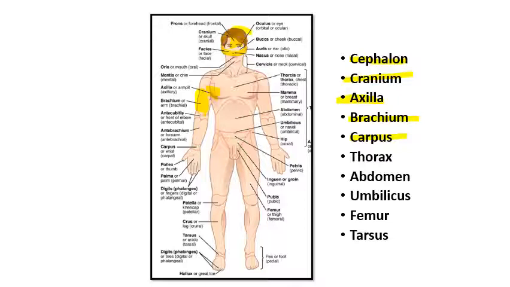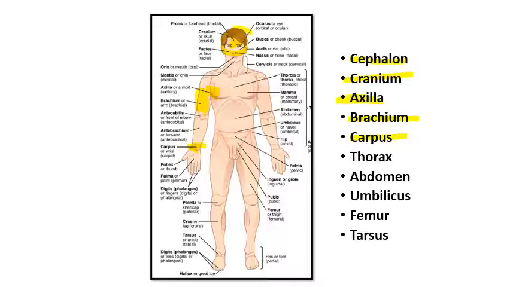And so the term carpus refers to the wrist. You've probably also heard the term carpal tunnel syndrome. There's a structure located at your wrist that is referred to as the carpal tunnel, and if it becomes inflamed, it pinches some of the nerves that run through the carpal tunnel and causes pain. So that's carpal tunnel syndrome. The term carpus refers to the wrist.